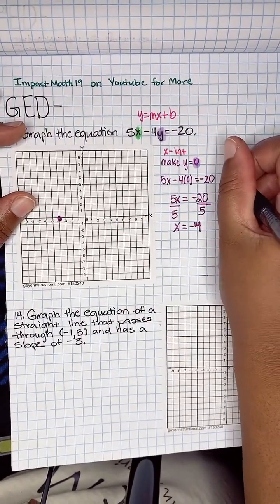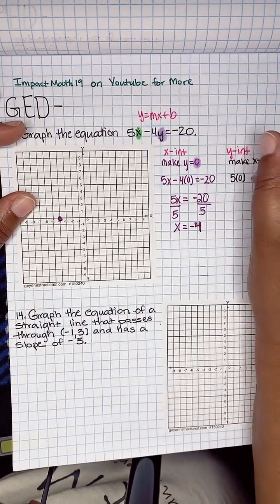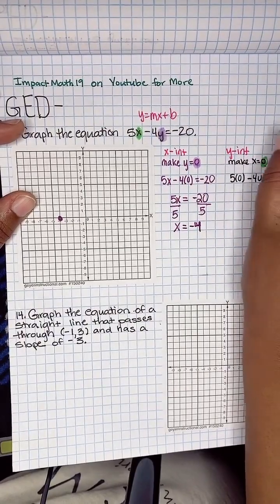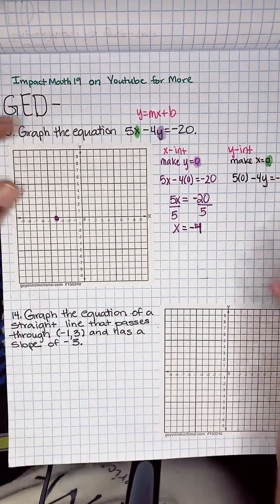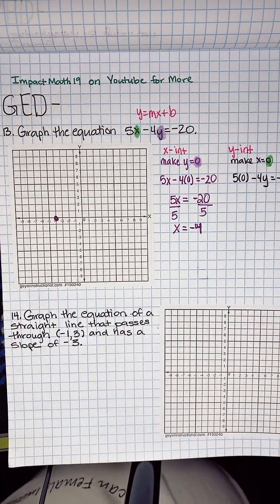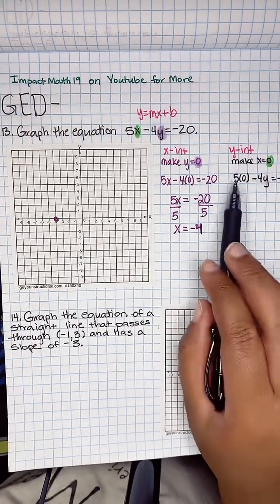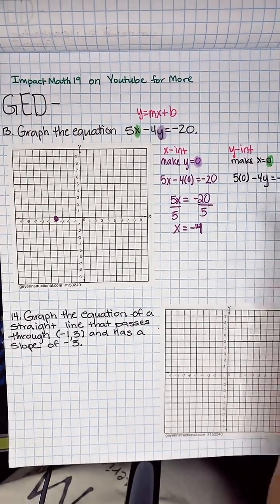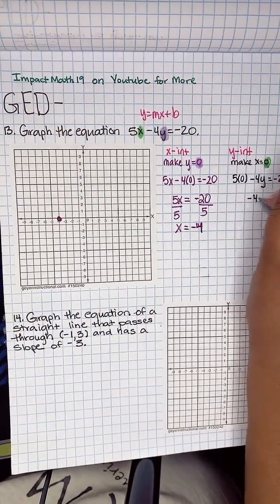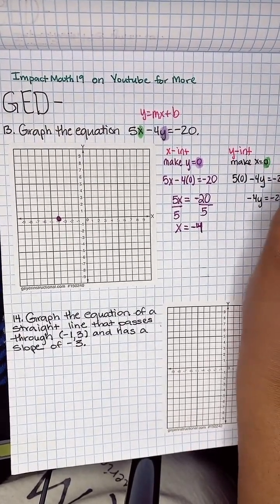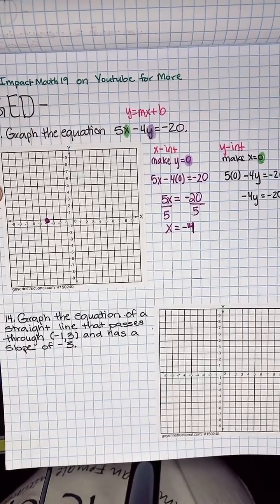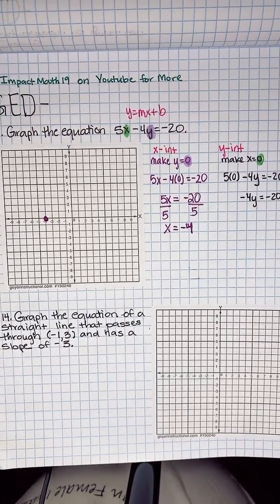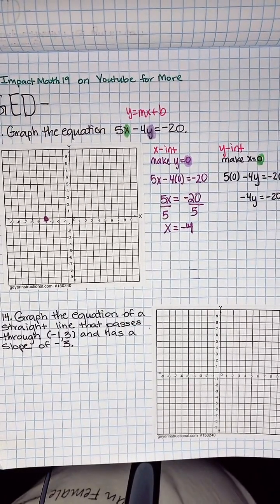So we're going to do 5 times 0 minus 4y equals negative 20. Okay, so 5 times 0 just goes to 0. So we're left with negative 4y equals negative 20. Lillian said divide both sides by negative 4.